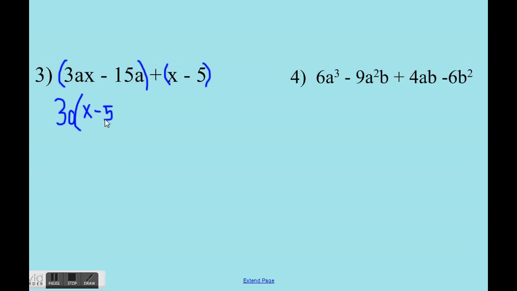For my second group, x minus 5, my GCF here is a positive 1. And what's inside of my group x minus 5 doesn't change.